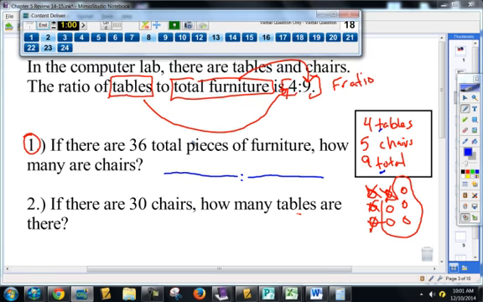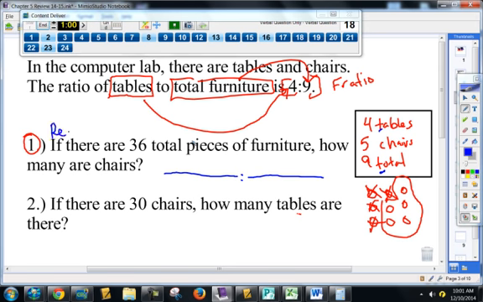Just trust me. Okay? The first thing you should do is look at your real info, which is always that if-then statement. If there are this, then how many of these are there? Something like that. So you don't even worry about the number. You just say, okay, what information are they giving me? Who's number 3?